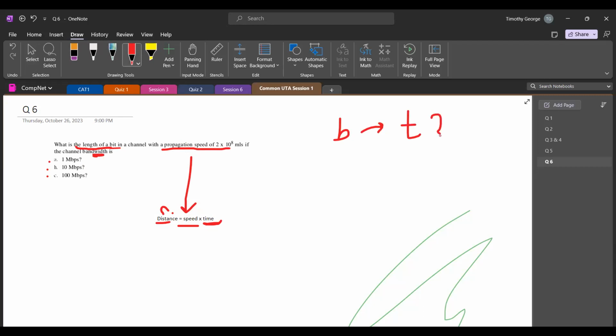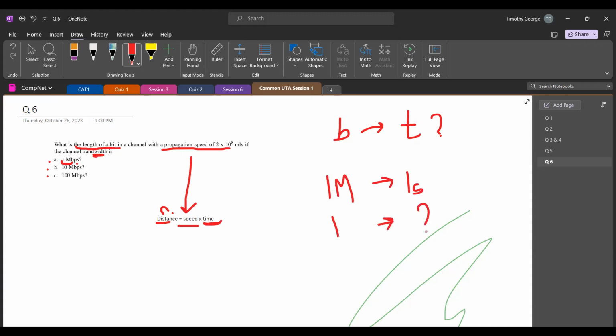So it's actually simple. In 1 second, how many bits travel? 1 million, right? And the question is about the time it would take to travel a single bit. So if 1 million bits take 1 second, how much time does one bit take?